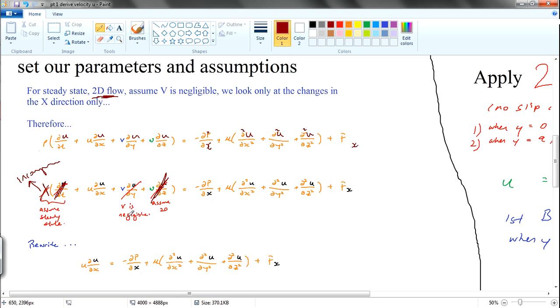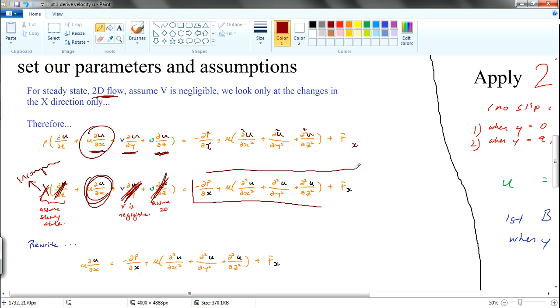V is negligible means that there will be no Y axis, so you're talking about only one direction. If you remember, this is X direction, Y direction, and Z direction. So we're talking about only X direction over here. Then we have minus partial P over partial X. So this is the pressure gradient. The rest of this doesn't change much, I would say.